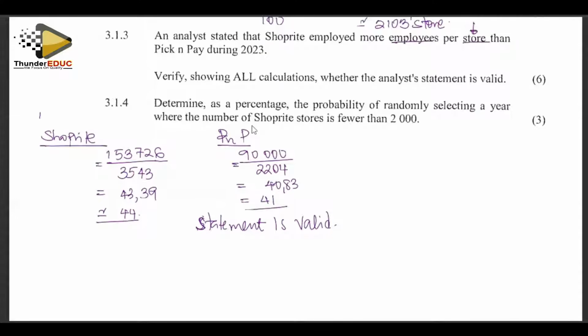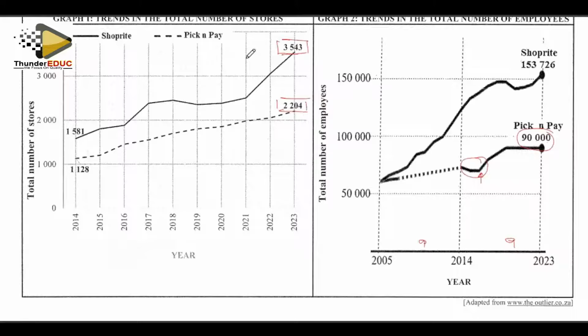All right, we look at question number 3.1.3. Determine as a percentage the probability of randomly selecting a year where the number of ShopRite stores is fewer than 2,000. Come here. 2,000 is here. Where is the line below?